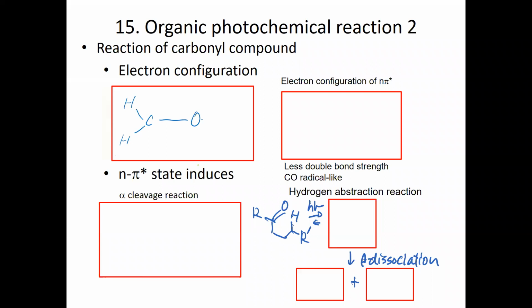For example, here, as we studied, in carbonyl molecules we have the pi and pi-star orbitals that make a pi bond.